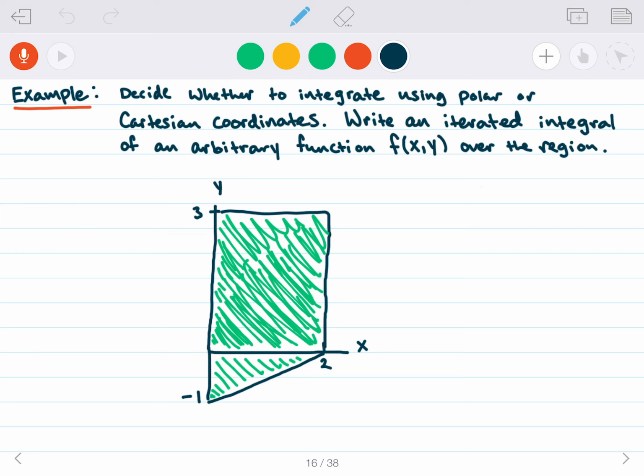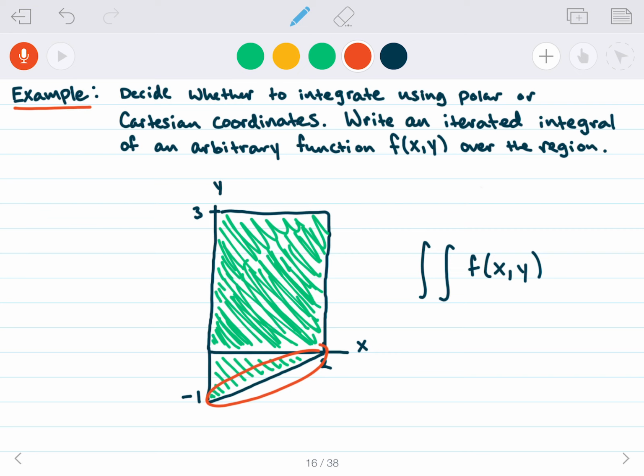All right, what should we use here? Rectangular or polar coordinates? Well, I see a bunch of straight lines. I don't see any curves. So if that's the case, then you should probably use rectangular coordinates or Cartesian coordinates. So that's what we're going to do. We're going to use Cartesian coordinates. So we have our function f of x, y. And our lower bound, our floor, our y value seems to depend on x.